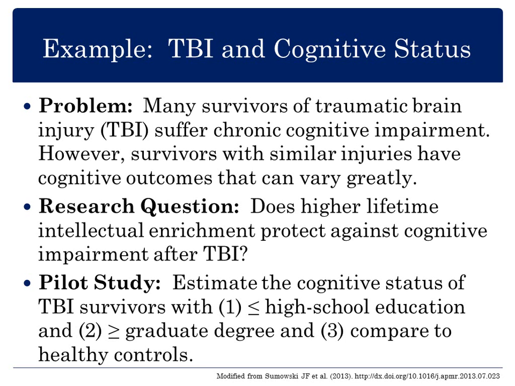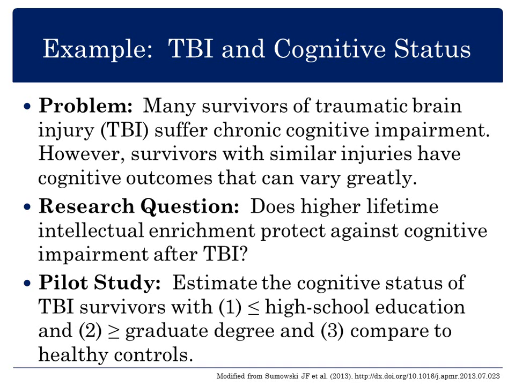They vary greatly. So they're asking whether or not there are some other factors besides the type of injury that could have protective effects against cognitive impairment. The one that they investigate has to do with education, which they call lifetime intellectual enrichment, but what they're measuring is number of years of education attainment.